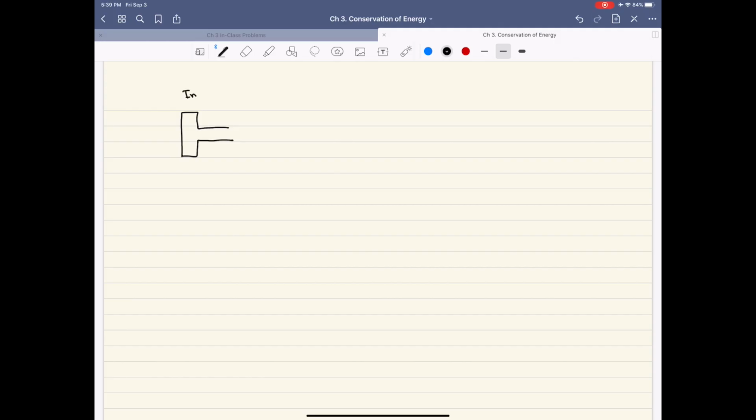In state 1, the initial state, here's the piston, and on the left-hand side of the piston we have the gas. Those gas molecules are not static. They're not staying in place. They're constantly moving around, and occasionally they bump into the face of the piston.